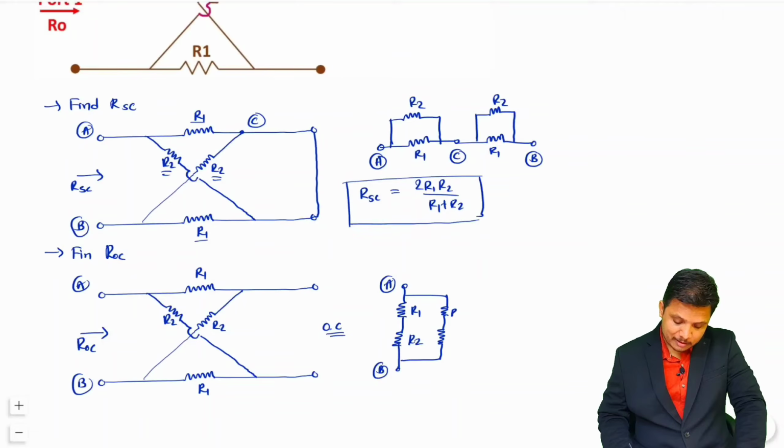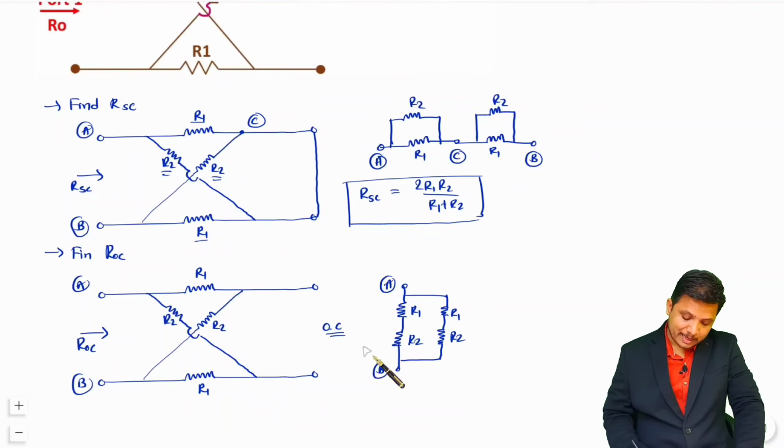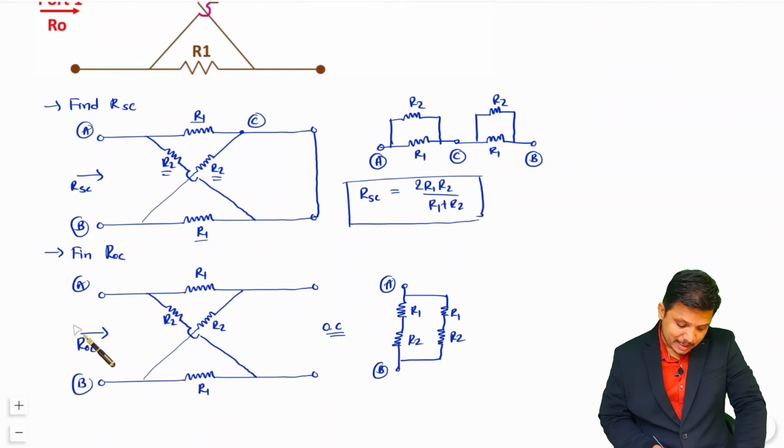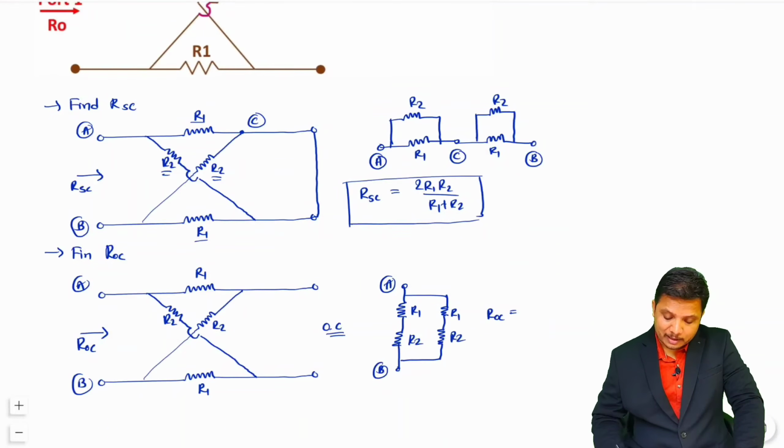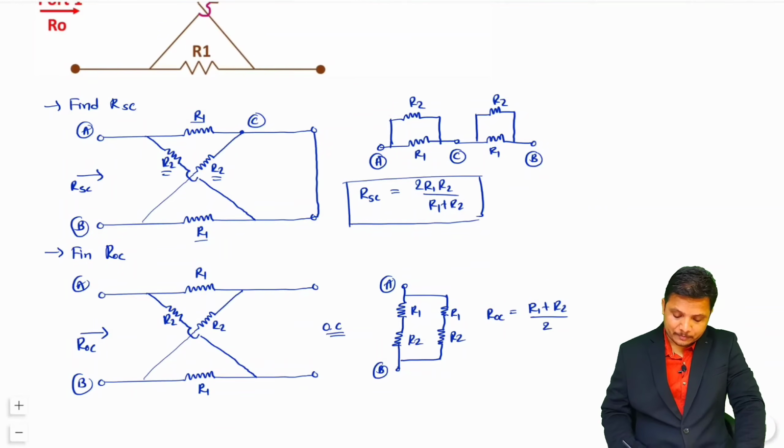So this is how technically the connection is there as per this lattice structure, right. So now we can easily calculate ROC, that is a parallel combination of R1 plus R2. See, R1 and R2 are in series, so that is R1 plus R2. Now R1 plus R2 parallel R1 plus R2, so that will be R1 plus R2 divided by 2, right.